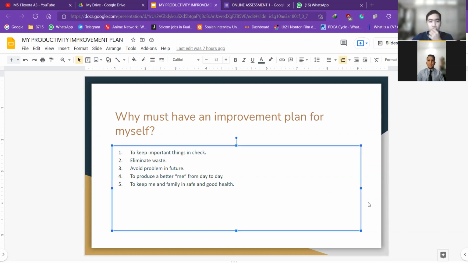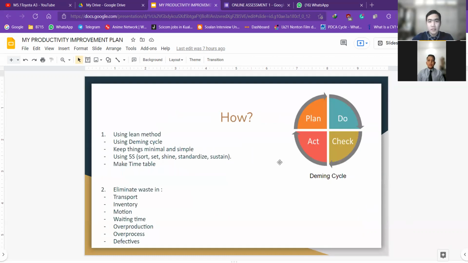So how can I achieve this type of improvement? As we studied in lean production, we can use several tools. This is the type of tool that I can include in my own daily life. Firstly, using the lean method, there is the PDCA cycle.